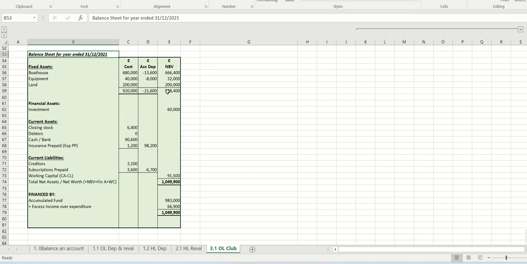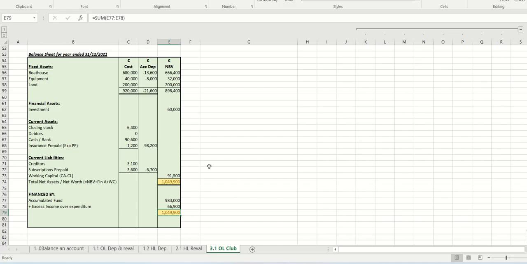The balance sheet must balance. So the top half of the balance sheet, which is quite long, adds up to 104,900, and it must equal the bottom half if it's correct. So the top half, 104,900, equals the bottom half, 104,900.